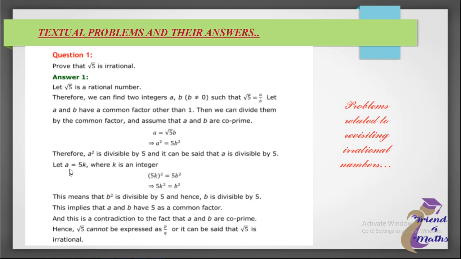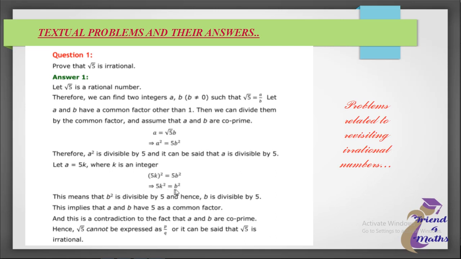Now we are taking a as a multiple of 5, that is a is equal to 5k, where k is some integer. Substituting this value of a in this equation we get 5k the whole square is equal to 5 b square, that is 25 k square equal to 5 b square. Cancelling 5 and 25 we get 5 k square equal to b square.